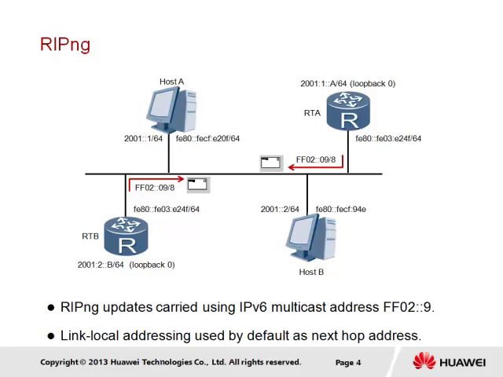We additionally find that the advertisement of RIPng messages is now supported by the IPv6 reserved multicast address of FF02::9, which is the logical equivalent of the RIP version 2 multicast address of 224.0.0.9.